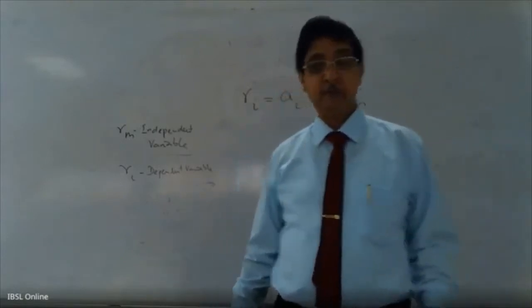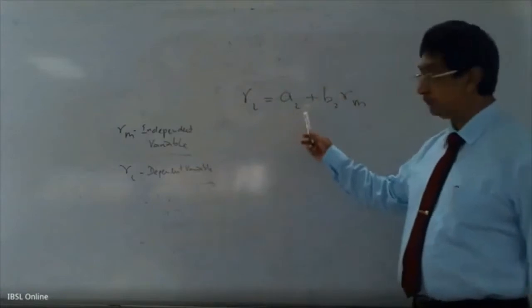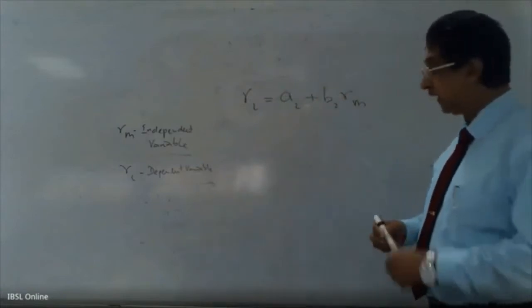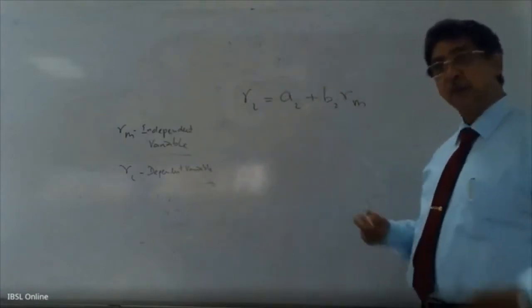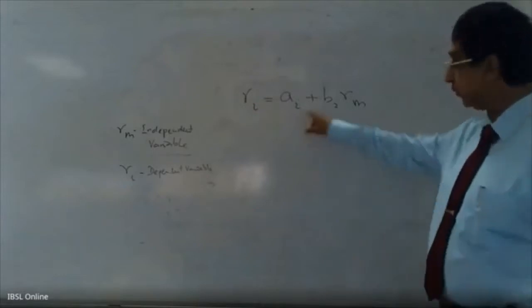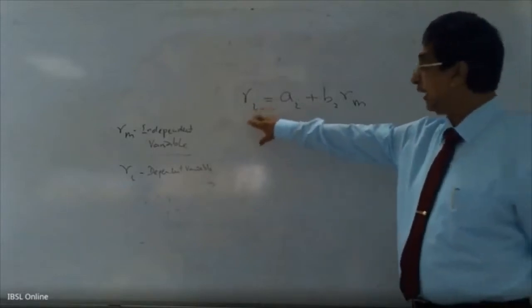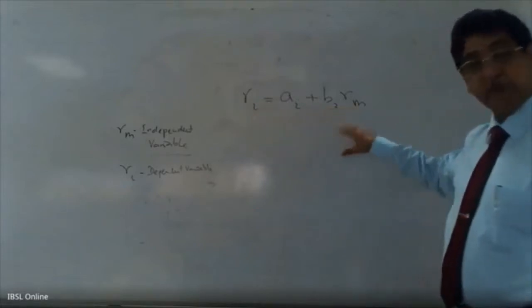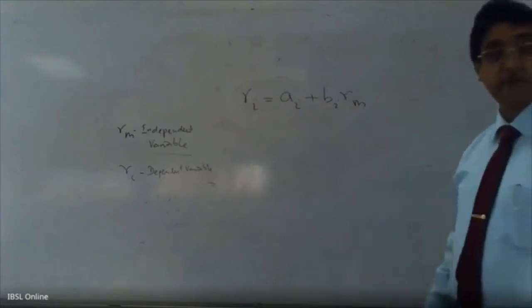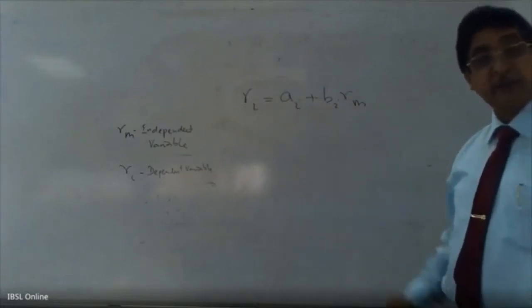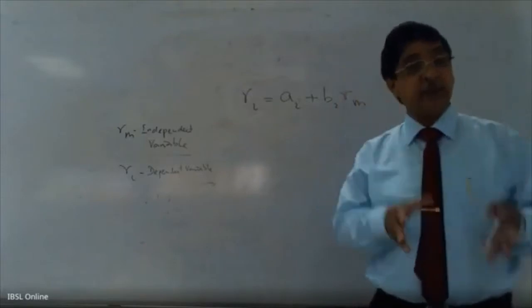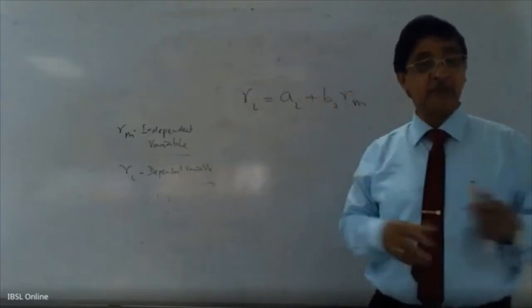So this particular equation is called the characteristic line. Why do we say characteristic line? Because if you plot it between Ri and Rm, you will get a straight line. Since it is a straight line, we call it the characteristic line.